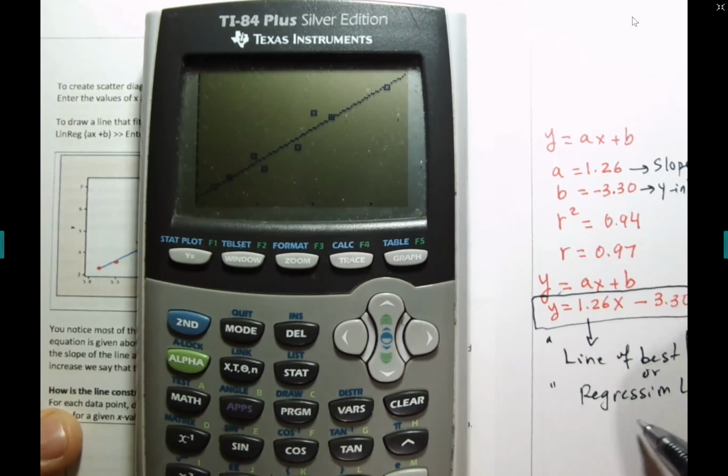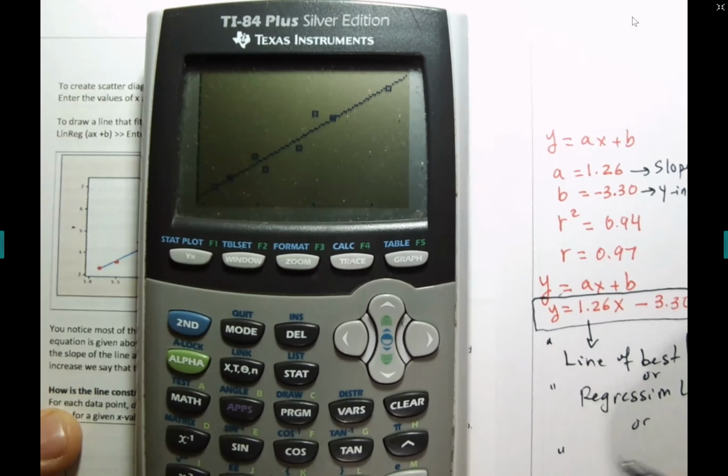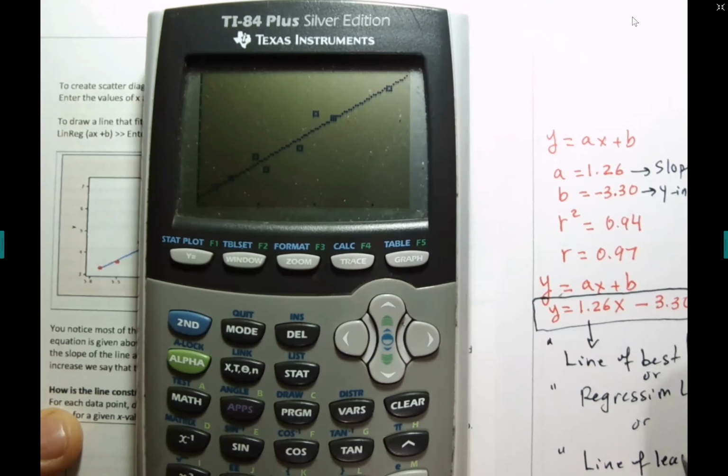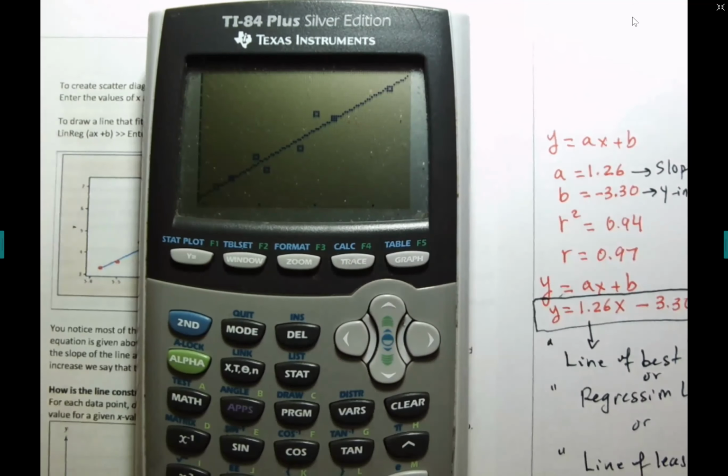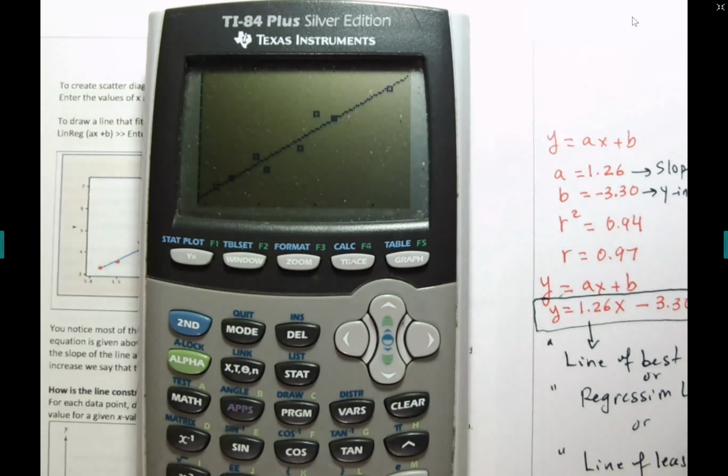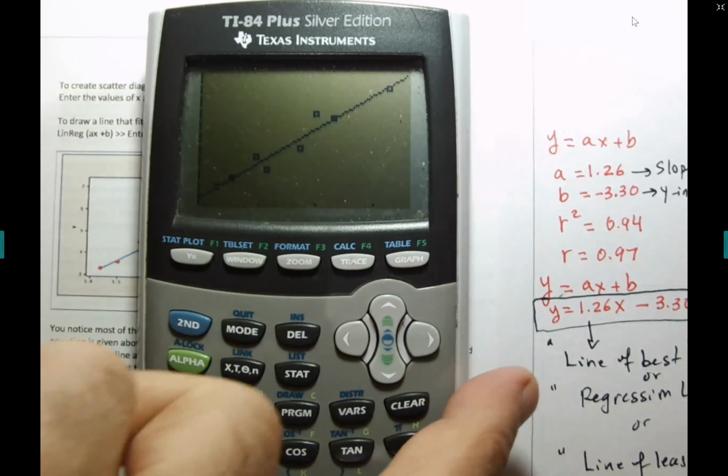So whatever, if he asks you to find the equation of line of best fit or regression line or line of least squares, this is the same thing. It's a line of best fit. Any questions, guys? Okay.